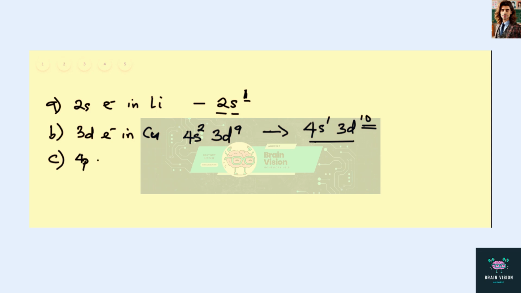the number of 4p electrons in bromine. So bromine is in group 7, and it's in what period? It is in period 4.